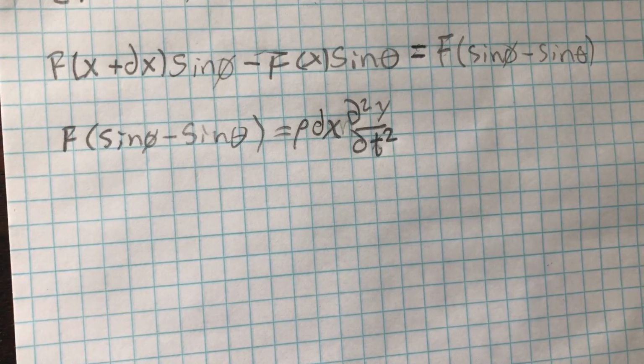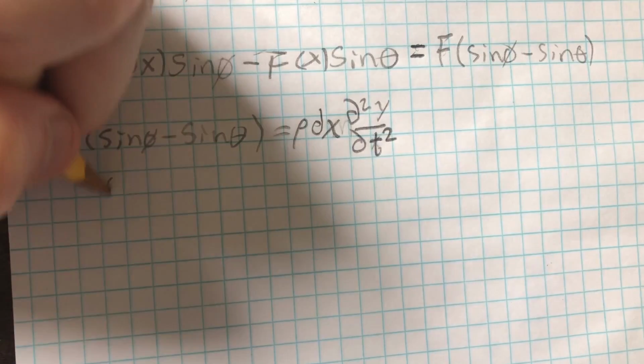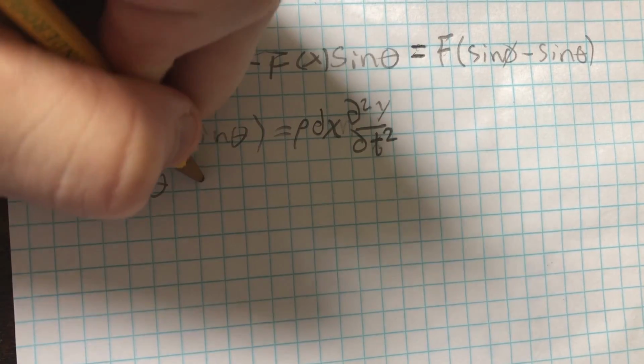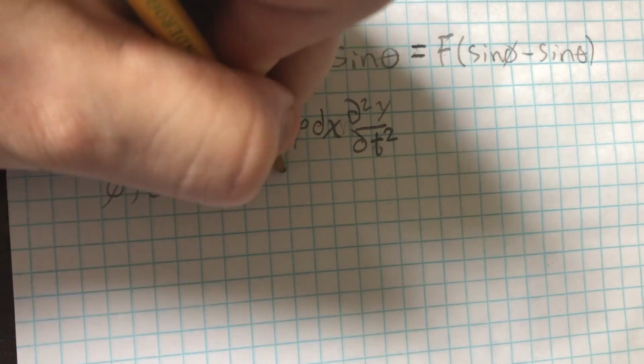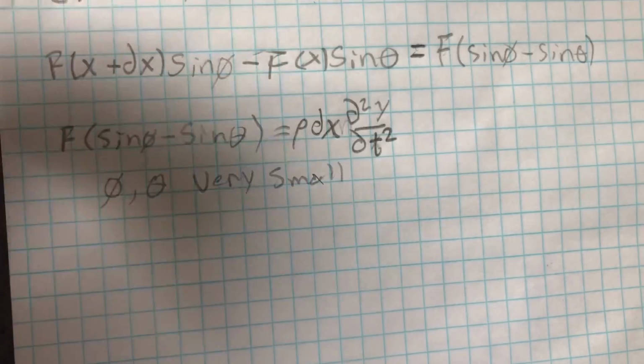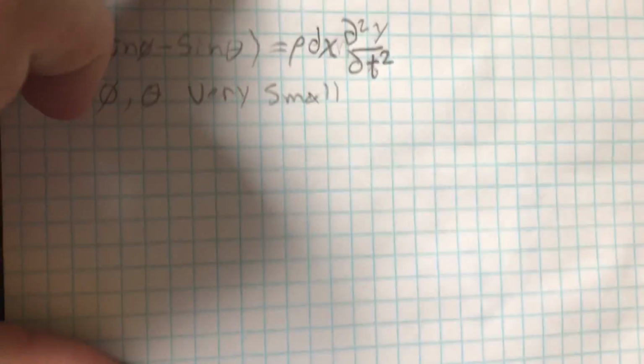So another assumption we're going to make is to assume that phi and theta are very small. So that means we can make some approximations as to what the sine of phi and the sine of theta are.